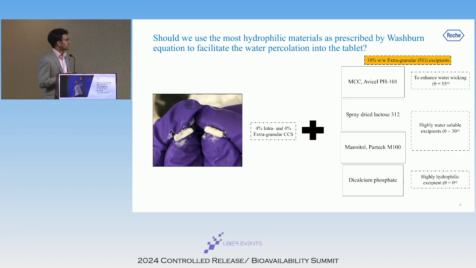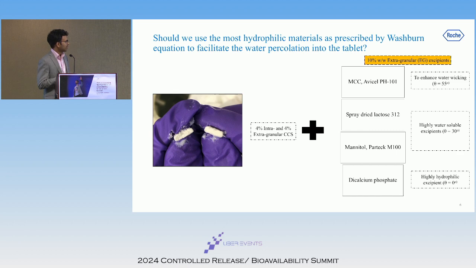So subsequently, in our quest, we leveraged the principles guided by the Washburn equation, and we wanted to understand what kind of materials can help us overcome this poor water penetration problem. So we tried to leverage the most highly hydrophilic materials available, as attributed by the contact angles.